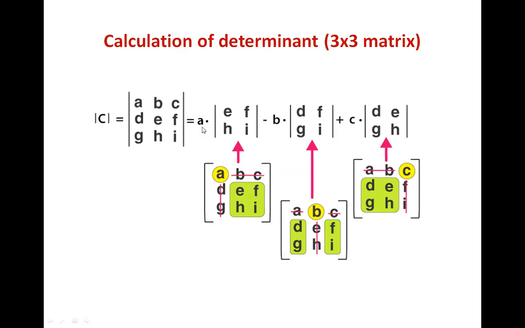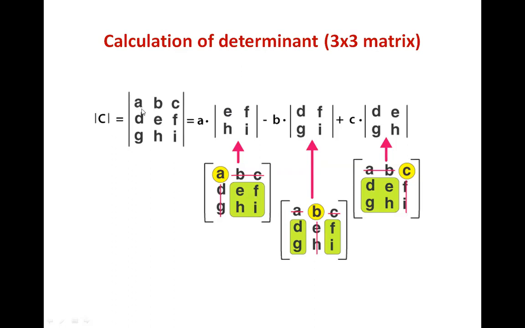Here a has to be considered as a multiplication factor for a minor matrix. The minor matrix is the one that remains after removing the row and column components of a.